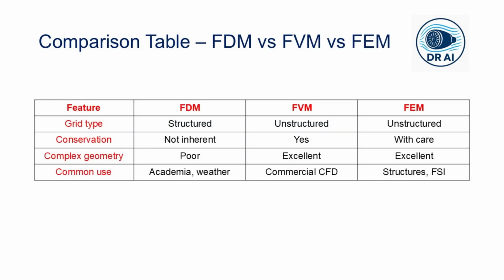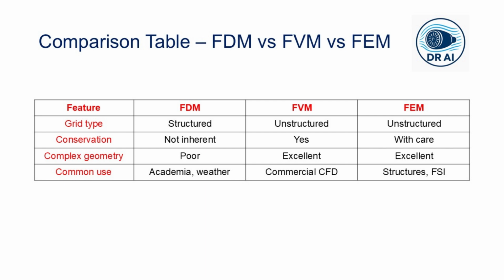So the summary of all this discussion is that FDM uses simple math and a structured grid, and is not conservative in essence, while FVM, the finite volume method, is conservative. Unstructured meshes can also work, and it is the industry standard.